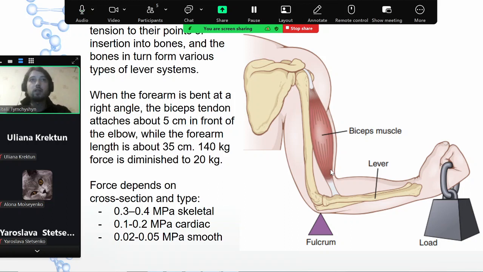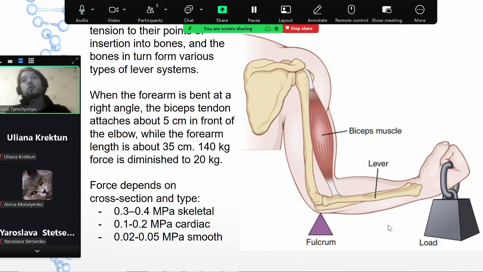You will have a problem for the homework to calculate in more detail the force that the muscle should exert on the bone to carry some predefined load, and you will see and feel the numbers that we have.